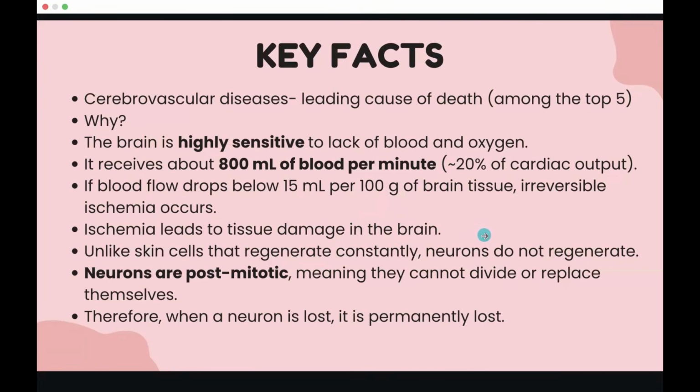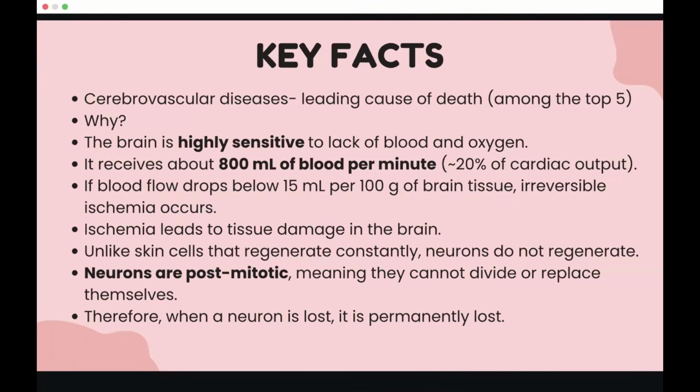And there is a threshold for that. Normally the brain receives about 800 milliliters of blood per minute, which is about 20% of the cardiac output. However, if the blood flow drops below 15 milliliters per 100 grams of brain tissue, there will be irreversible ischemia, and this ischemia will lead to tissue damage in the brain.